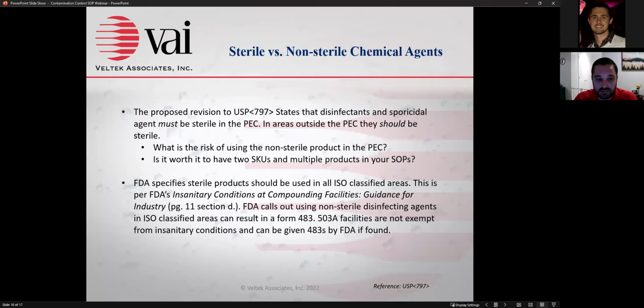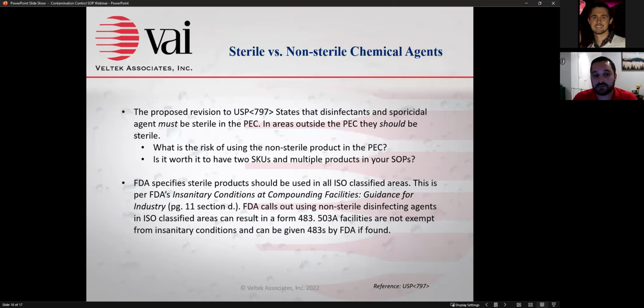They should be sterile. I italicized must and should. The answer I got on this language from USP, in one of their Q&As, is that must is a requirement that they're putting out there. If they use the language must, should is a strong recommendation, is what they said in the answer they gave. So what does that mean for you when you're selecting these products?